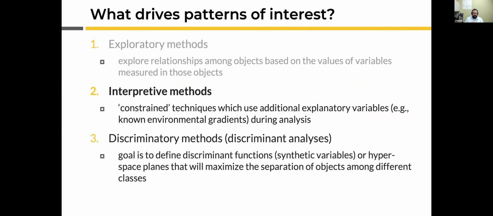Bray-Curtis, for example, is somewhat a measure of organismal overlap. It looks at shared versus non-shared species, whereas UniFrac, as we discussed, also looks at shared and unshared species, but through the lens of phylogeny, right? So both of those have aspects of biological truth, but they tell you different stories.